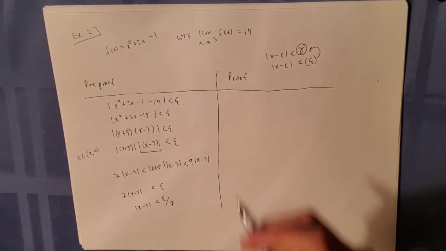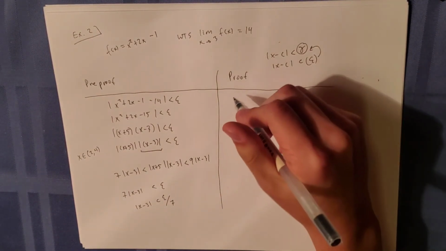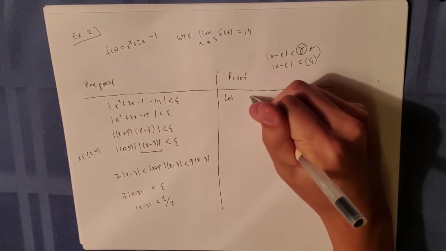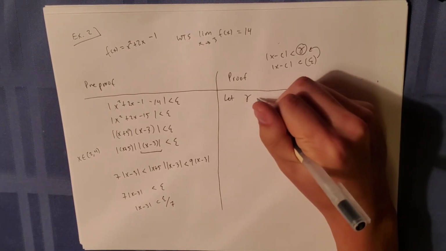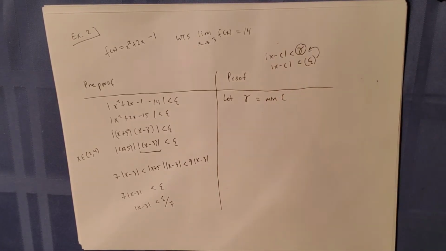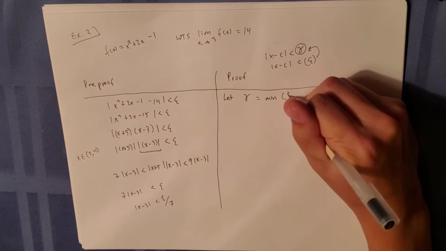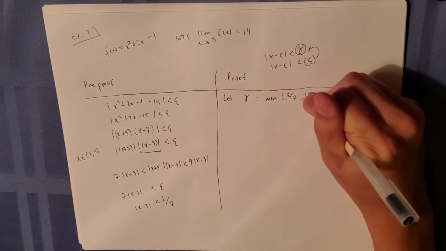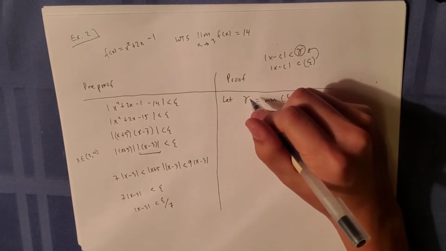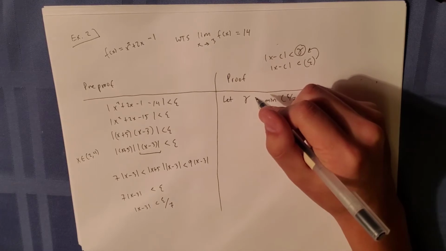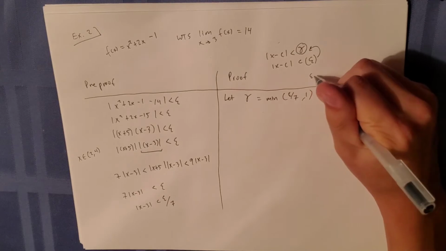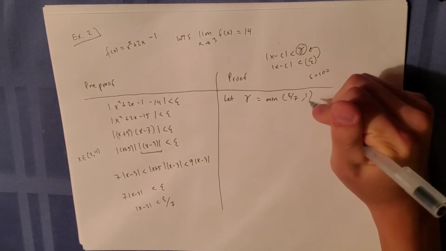So back to our pre-proof, back to our proof now. We can let delta equal the min of epsilon over 7 and 1. So basically, if we have any epsilon given to us, if epsilon is really big, like epsilon is 100, 1 will be the minimum.